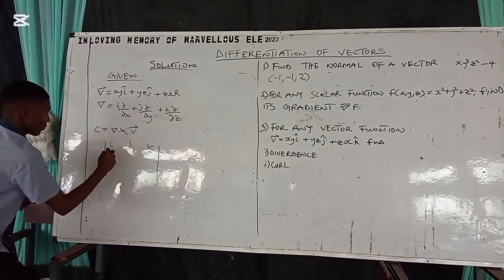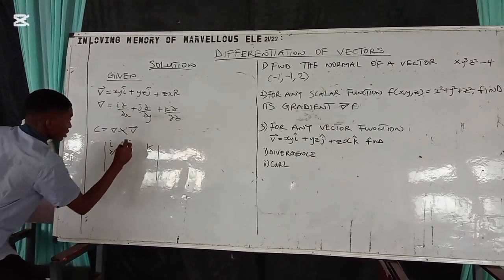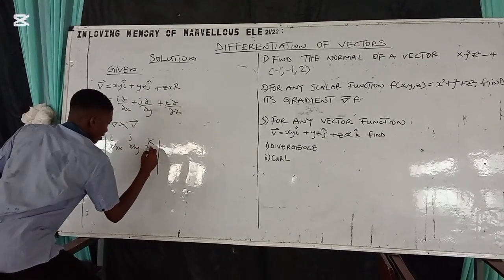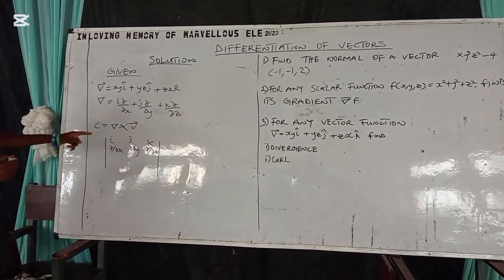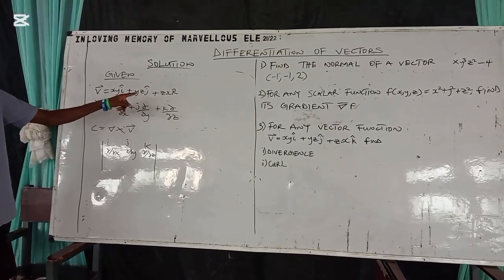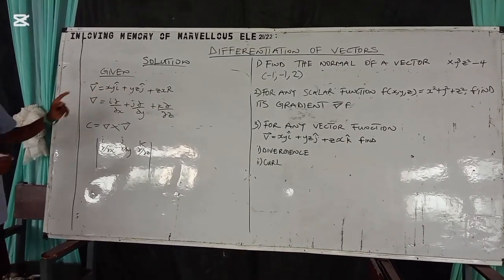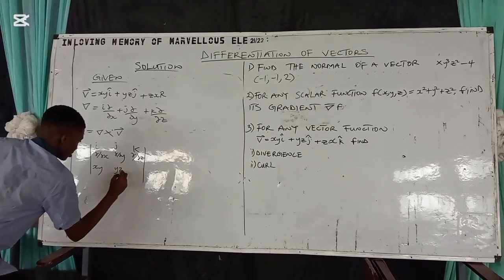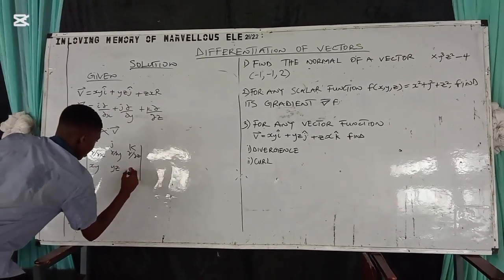For i, we have partial respect to x. j, we have partial respect to y. k, we have partial respect to z. For our vector itself, what is left? We have xy, yz, and zx.